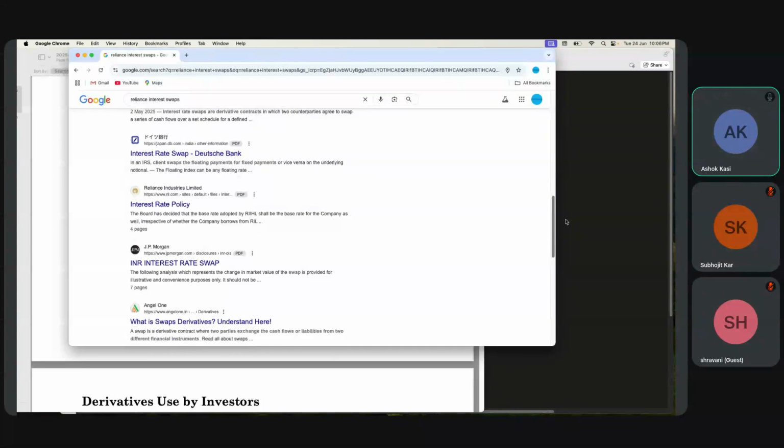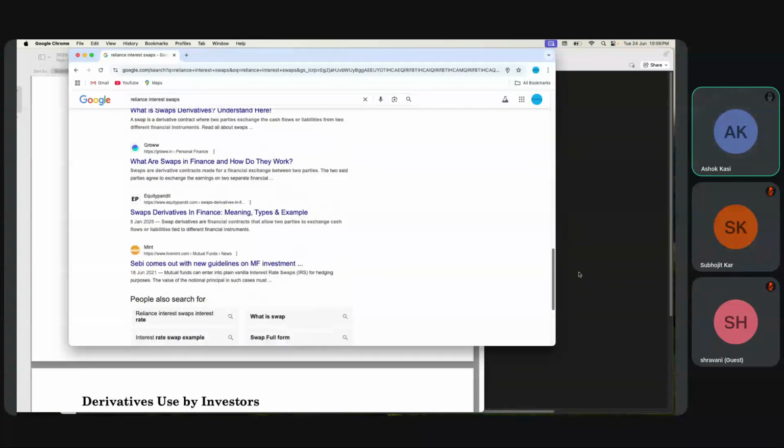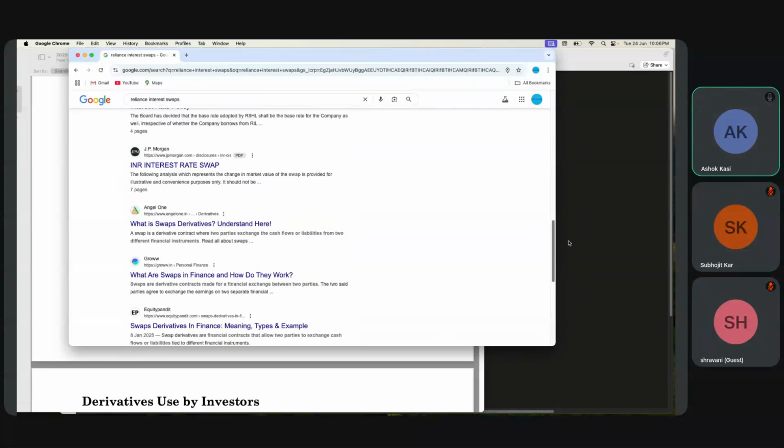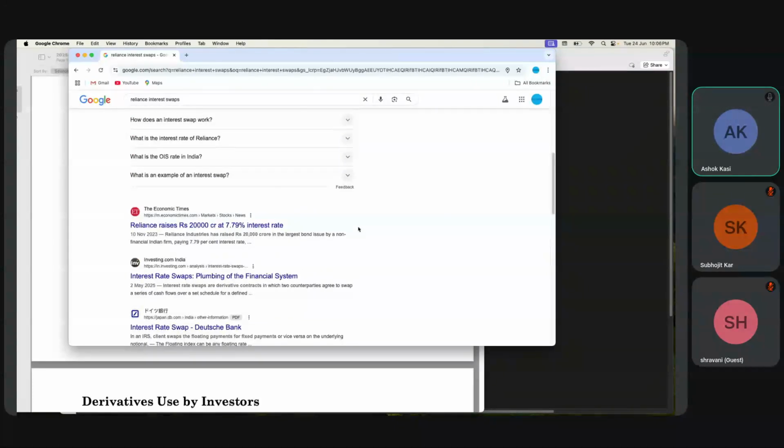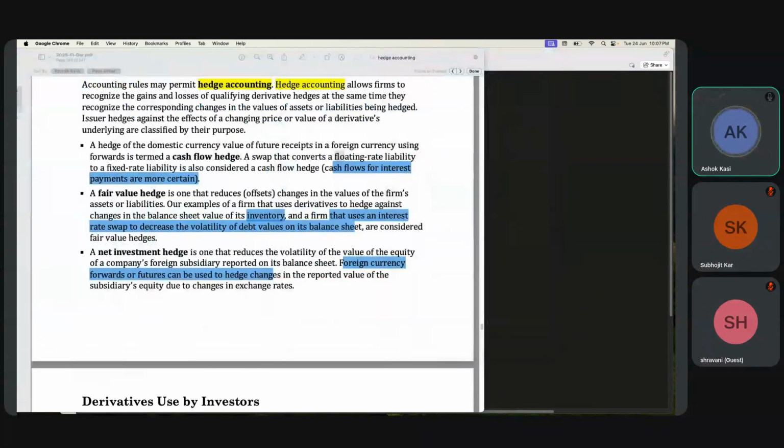No, you see, we are not getting any proper example. We are just getting explanations of what interest rate swaps are. That is because this is just a part of their normal business, and there is no need for them to inform or publish it in the media.